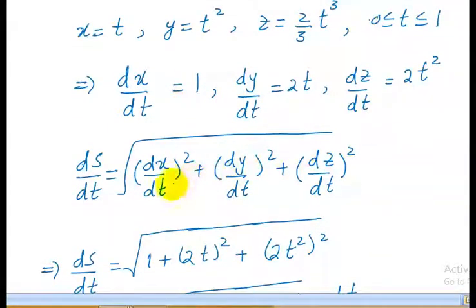Now in this case ds upon dt becomes dx upon dt square, dy upon dt square, and as there are 3 variables, so it becomes dz upon dt square.